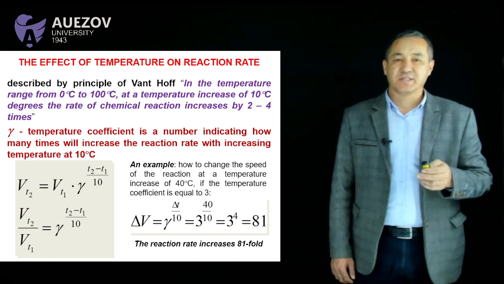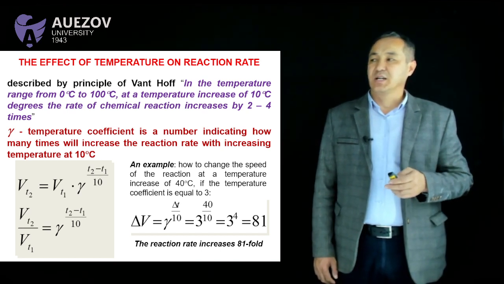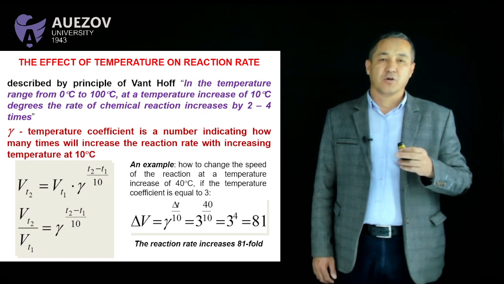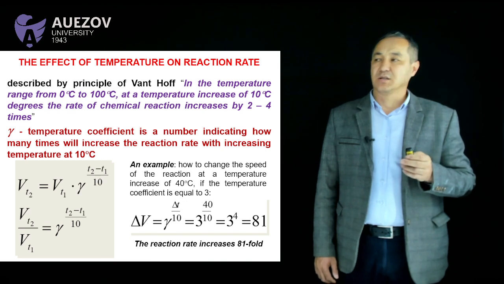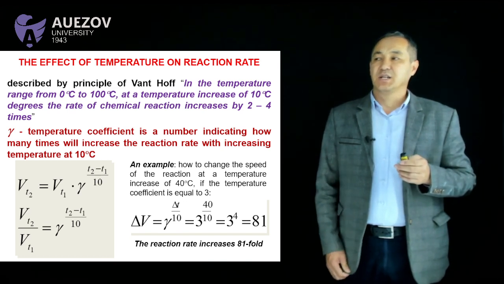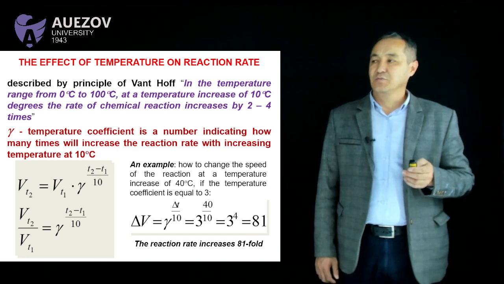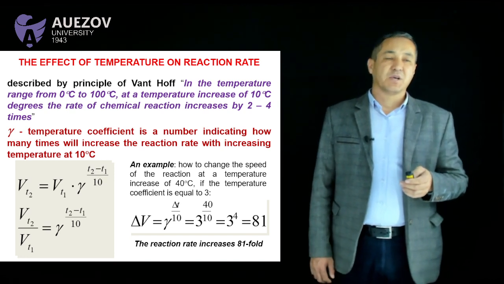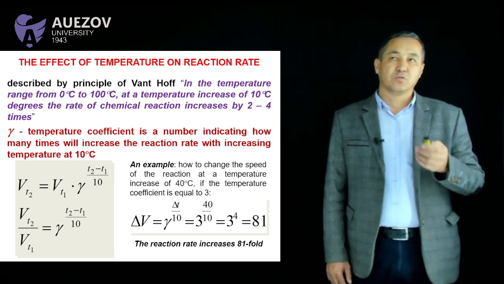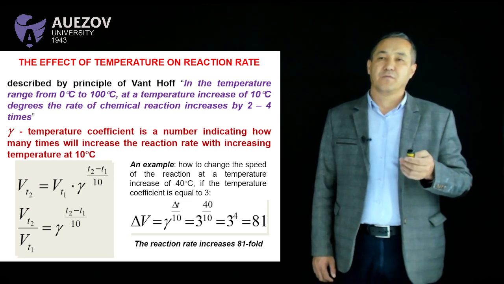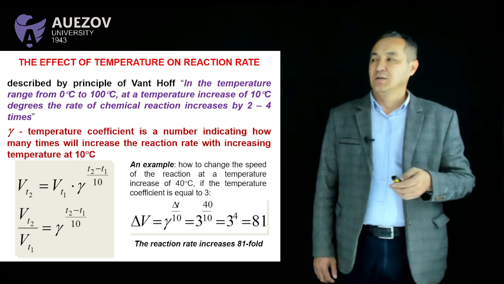The Van't Hoff principle says that in the temperature range from 0 to 100 Celsius, at a temperature increase of 10 Celsius degrees, the rate of chemical reaction can increase from 2 to 4 times.